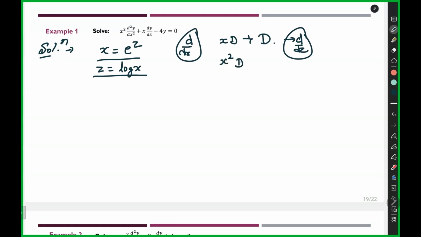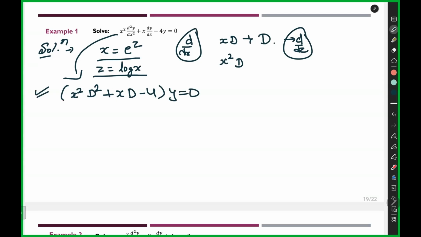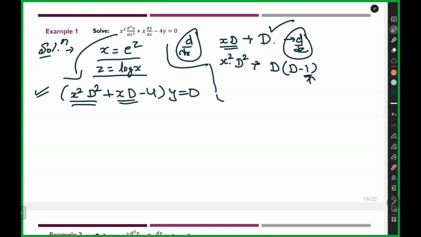In operator form you can write this equation as x square D square plus x D minus 4 of y equals 0. You replace x D by this new D, and x square D square by D with one power less, that is D minus 1. So simply replacing, D into D minus 1, plus D, minus 4 of y equals 0.